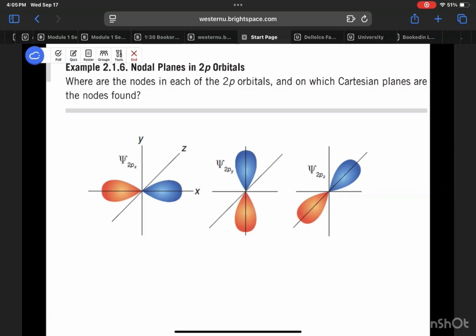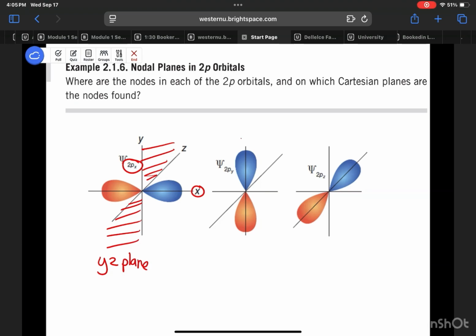Okay, so now the trick comes in. How do we draw this on a 2D screen and in your 2D notebook? Well, the 2px is lying along the x-axis, so it's the yz plane that is the node. So it doesn't intersect with either of those lobes.